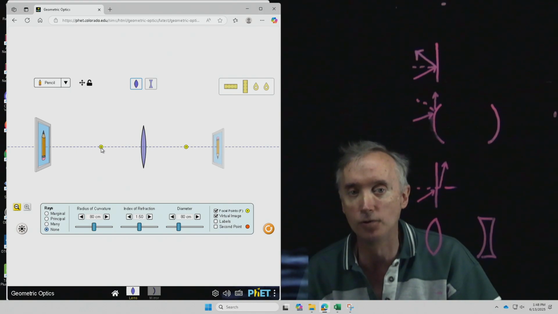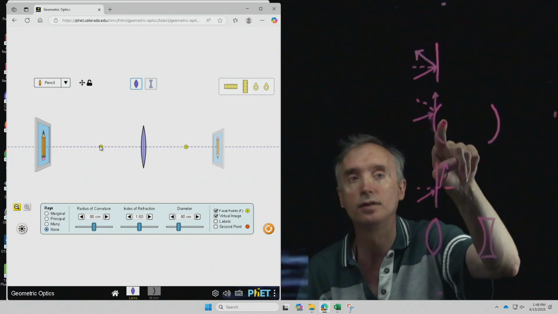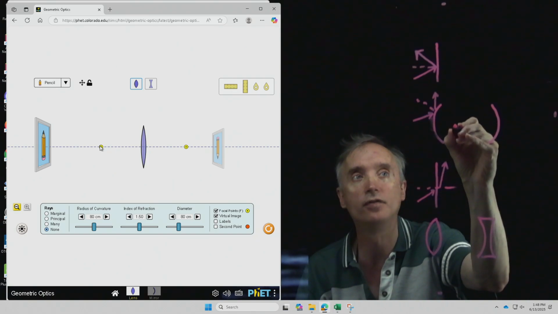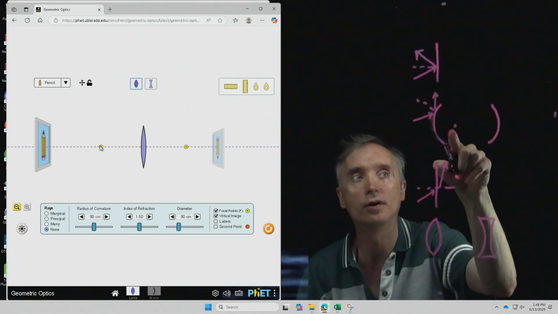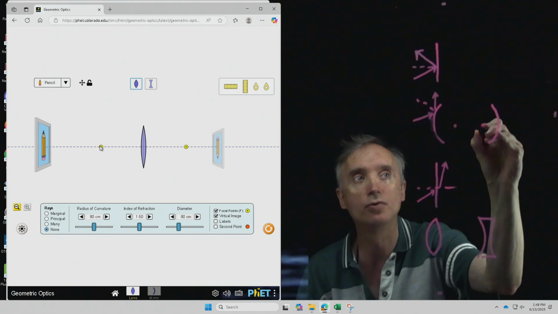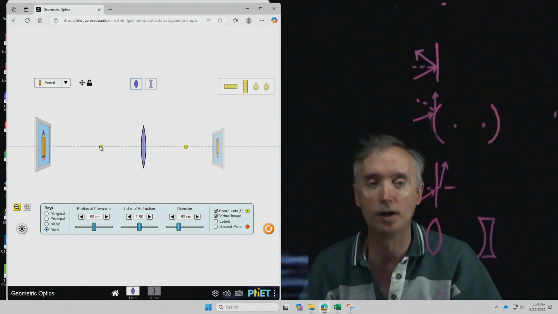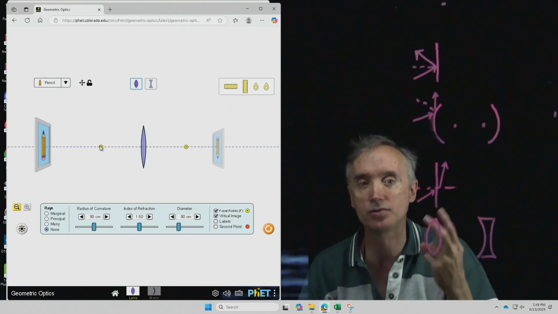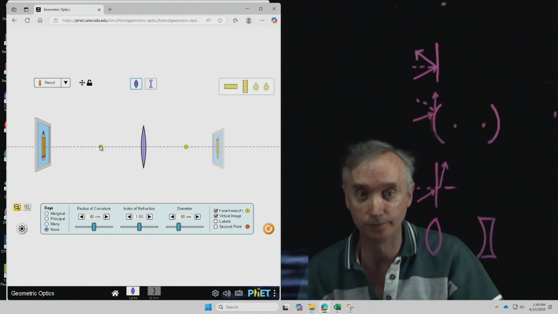So this is the focal point of the lens. And you notice there's two of them. With the mirrors, there's only one. This mirror has a focal point over here, and this mirror has a focal point over here. But a symmetrical lens like this one has two focal points.